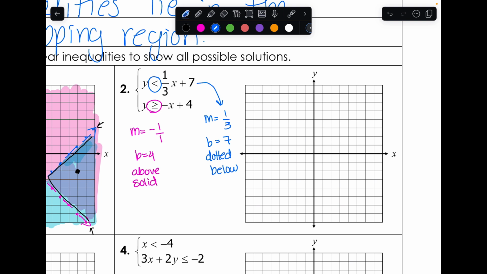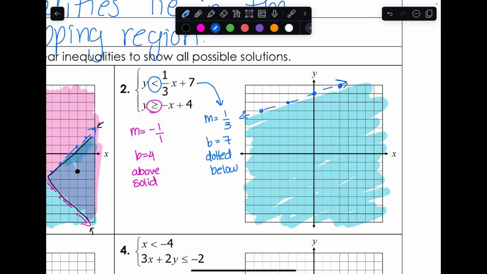Starting with our first inequality, our y-intercept of 7, we're going up 1/3. Now, we started to go off the graph, but we want to make sure we graph this point first before we start going in the other direction. Dotted line, arrows on the end. Here we are going to shade below.